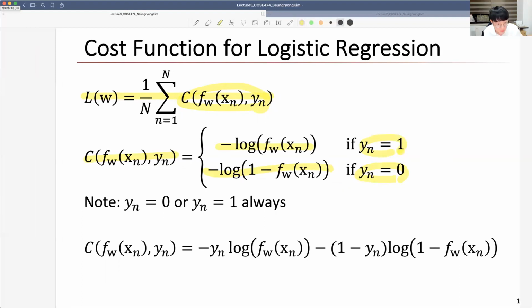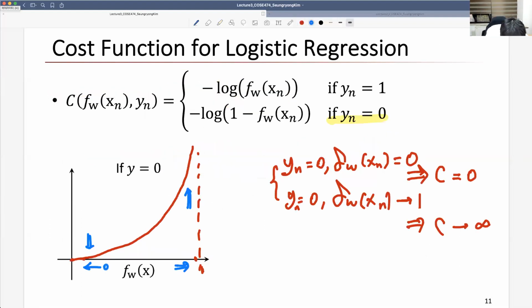Oh, by the way, please think about the negative log(1 - x). It's going to be something like this, right? Please remember this one.